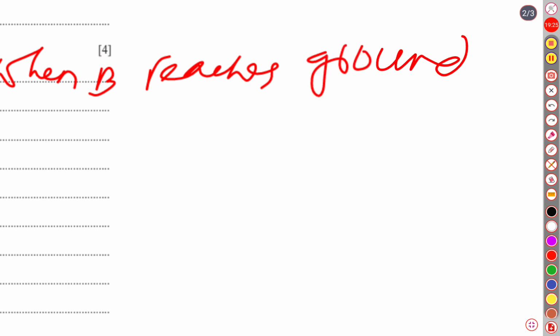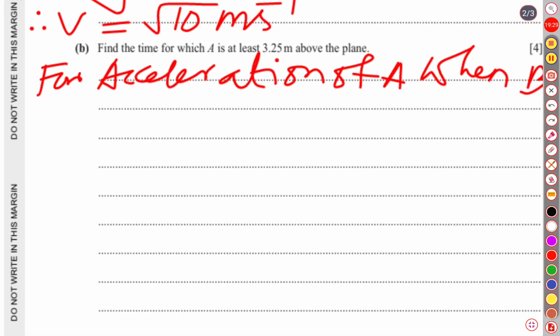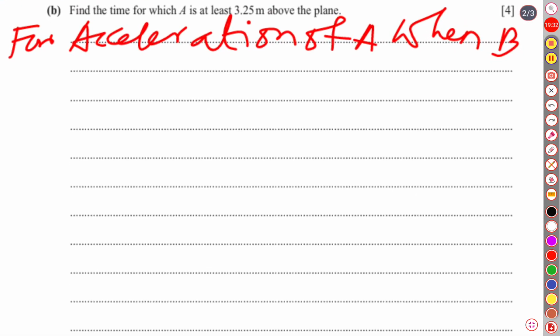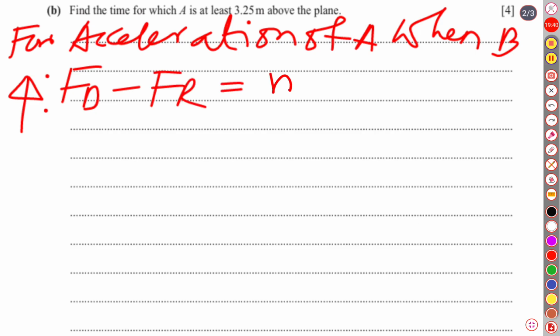For acceleration we apply the simple concept of motion law of Newton, that is, driving force minus resistance force is equal to mass into acceleration. So driving force is nothing.